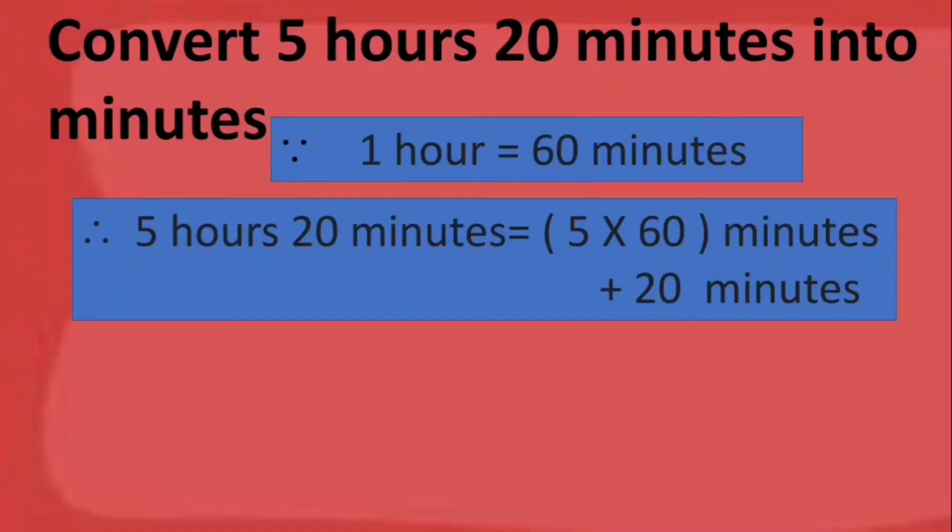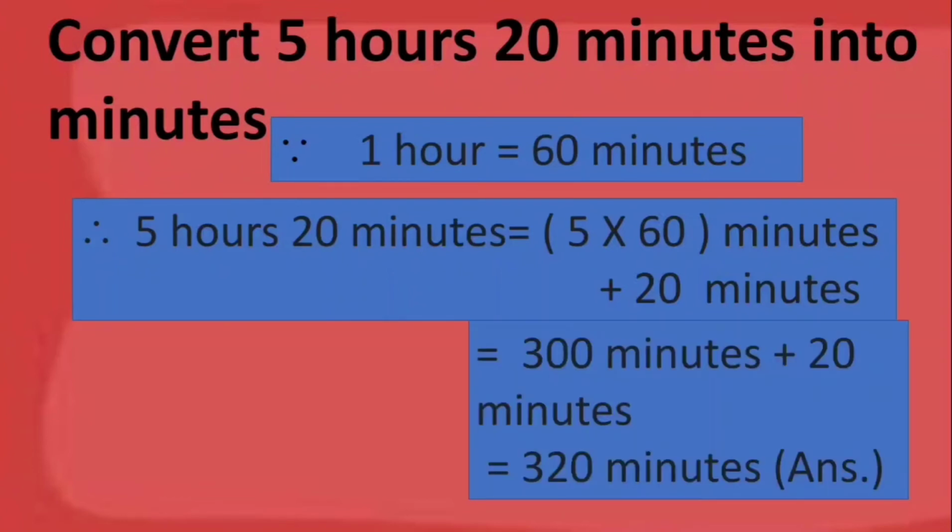So we will multiply 5 and 60 here, and then we will add the remaining minutes, that is 20. So we will write 5 into 60 minutes plus 20 minutes. That will be 300 minutes plus 20 minutes, and the total is 320 minutes. It means if we convert 5 hours 20 minutes into minutes, it will be 320 minutes.